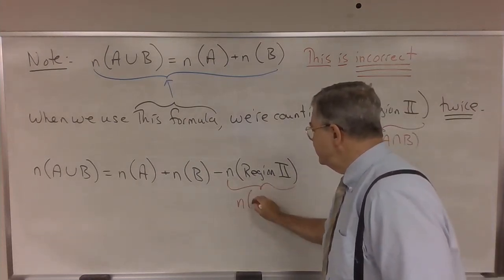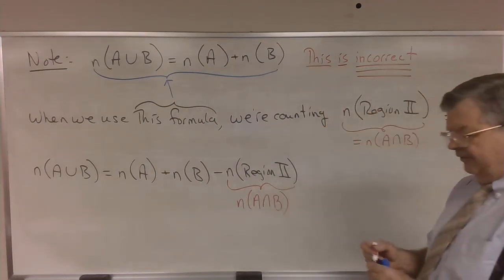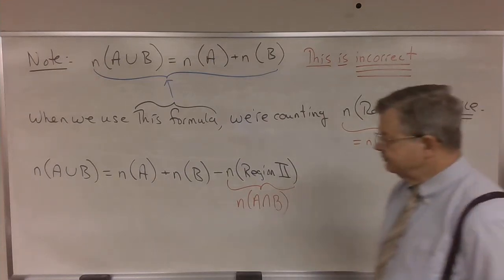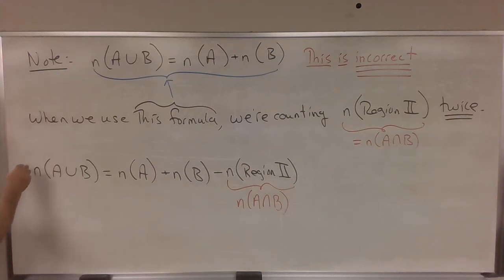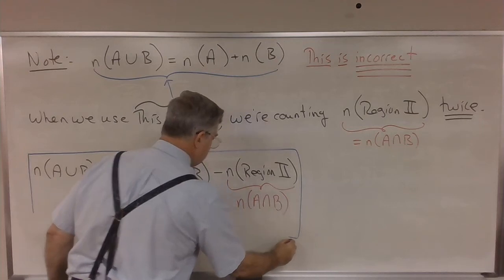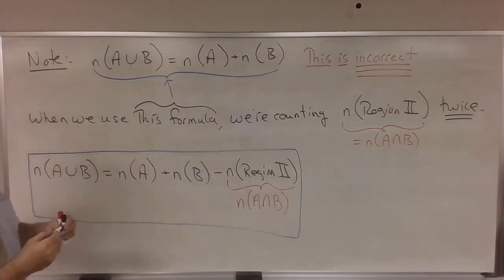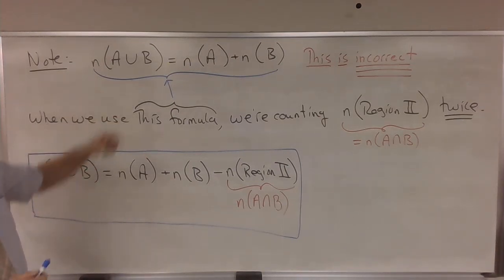It's the number of elements in the intersection of sets A and B. Now, just for emphasis, I told you that this formula is incorrect.